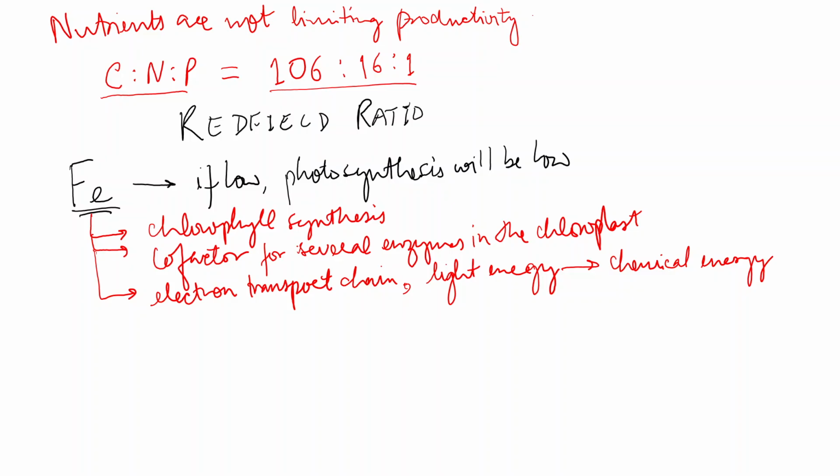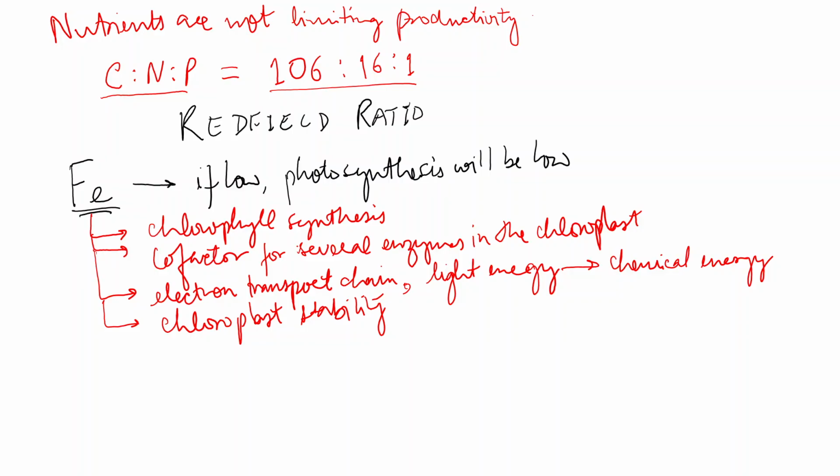Then iron also helps to maintain chloroplast stability. You can see how many important roles this plays.